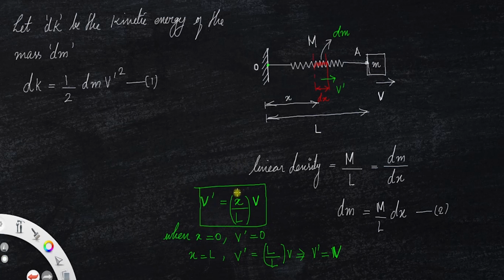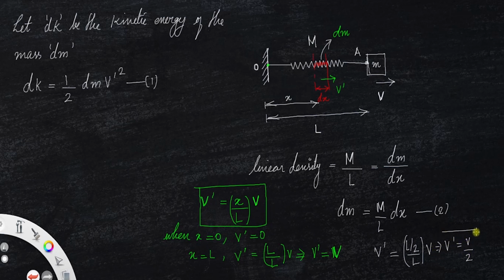But in reality, there is some error associated with this equation, because you cannot say the velocity at a section of the spring depends linearly on the velocity of the end mass. When we take the extreme values as we got here, it is true, but when you take the middle, x becomes L by 2, then v dash is equal to L by 2 by L times v, which means v dash equals v by 2.